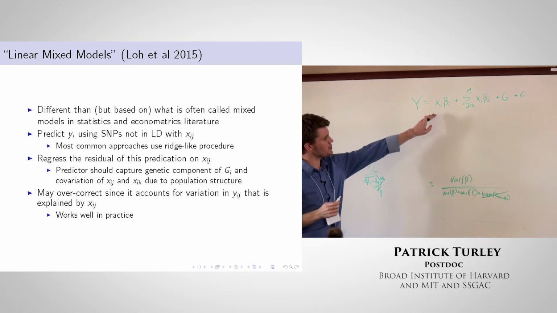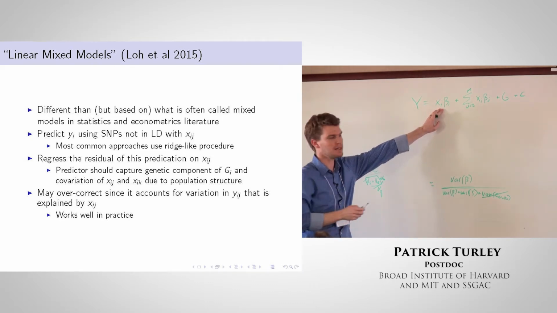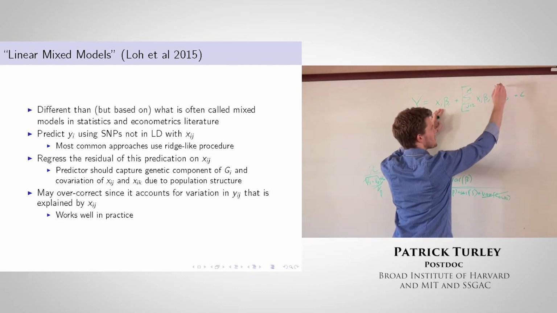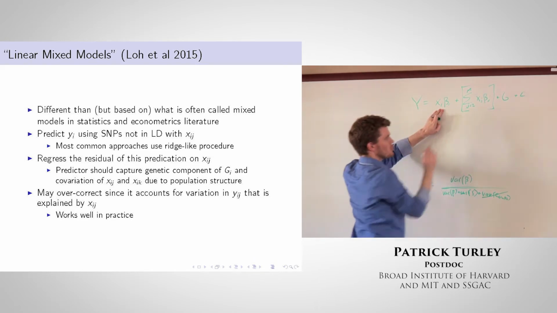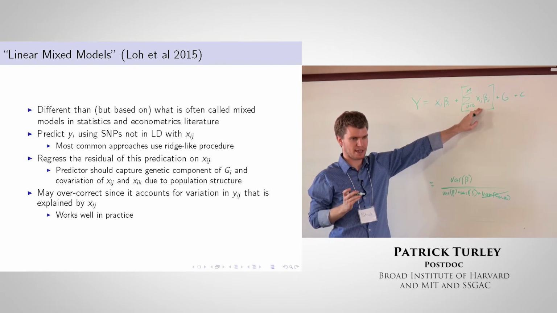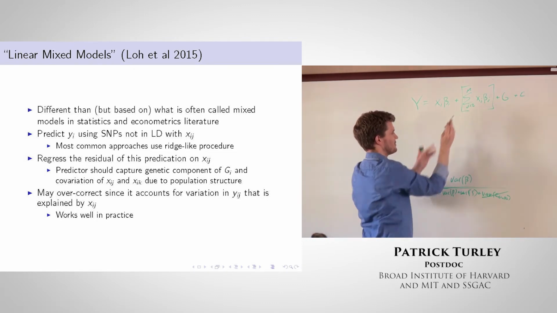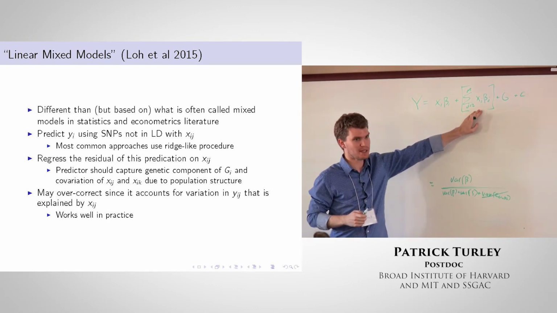So when we do a GWAS and we want to estimate the effect of this thing here, we predict using these SNPs. And if we wanted to be careful, we'd probably just choose the SNPs that are on other chromosomes to avoid LD problems. But yeah, so we'll predict using this.